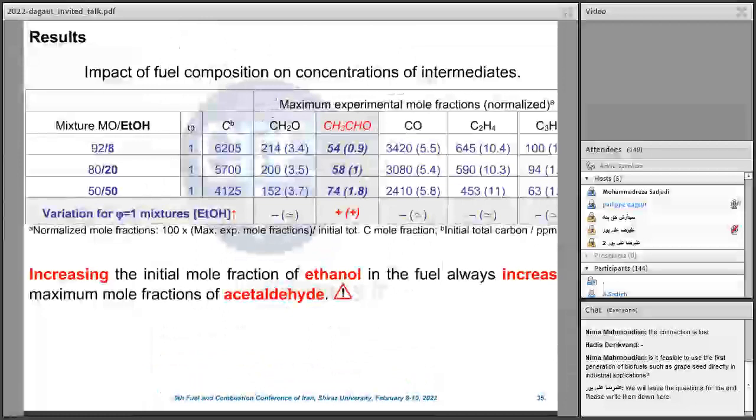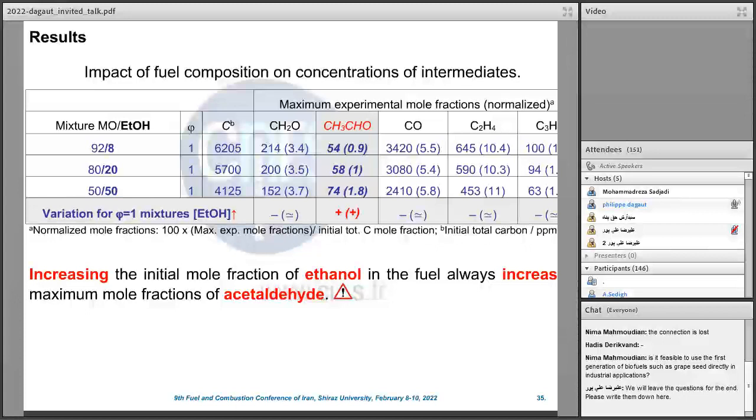Yeah. So there is an interest in looking at the evolution of the concentration of acetaldehyde when you oxidize this type of mixture containing ethanol, because it's well known that during its oxidation, ethanol produces acetaldehyde. And we can see here that from this first line to the last one, we increase the concentration of ethanol in the fuel mixture.